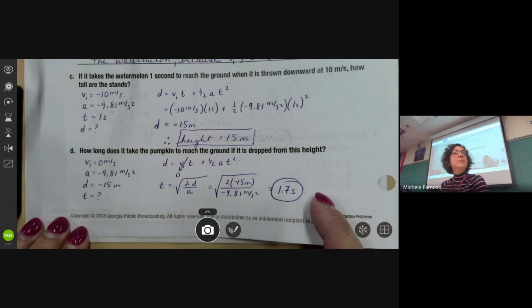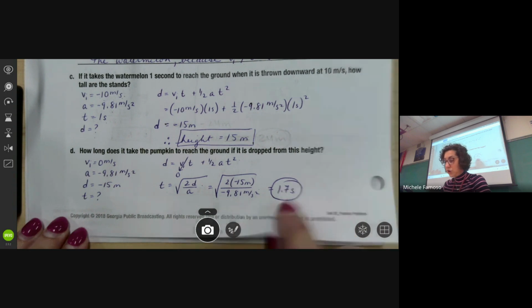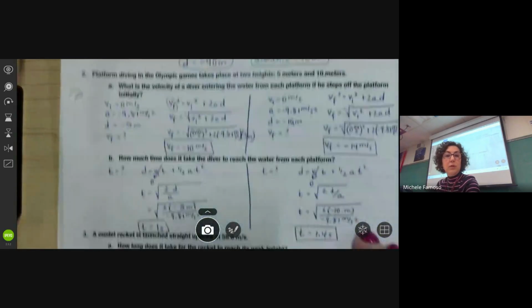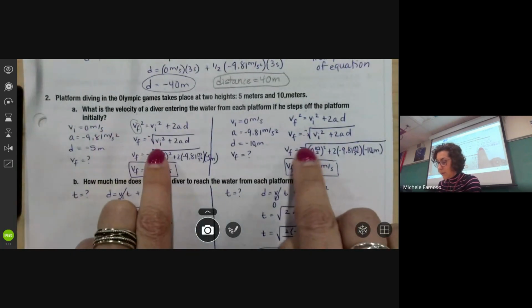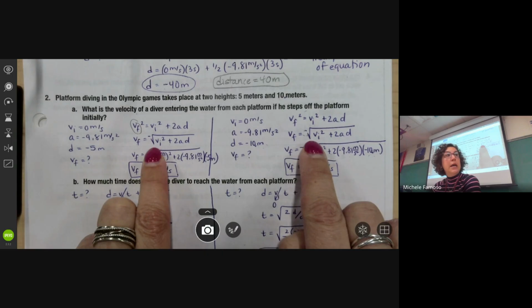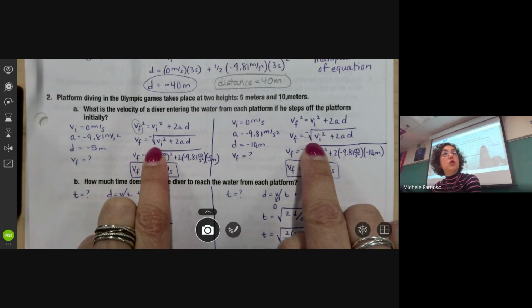On which problem? 2A and B, okay. So in part A, remember we take a square root. And whenever you have a square root, there are 2 possible answers. There's a positive root and a negative root. So you have to ask yourself, which root do I need to answer this question?